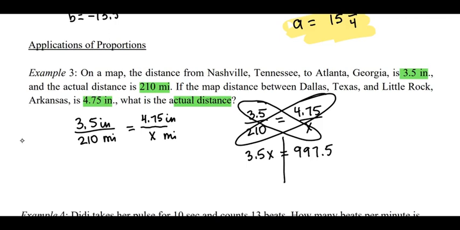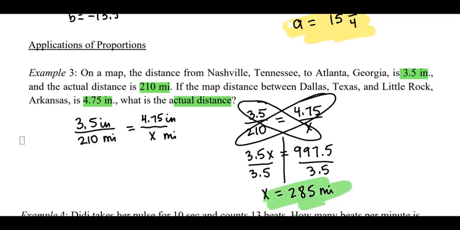At this point, we have a one-step equation, so we need to divide everything by 3.5. And we will have X equals 285 miles. That's our answer.